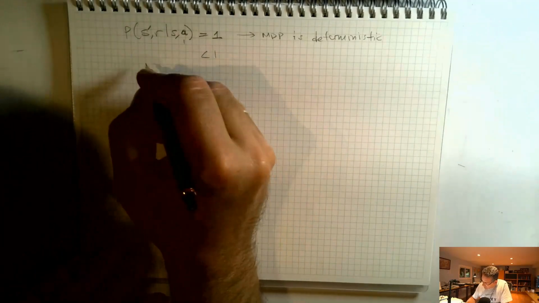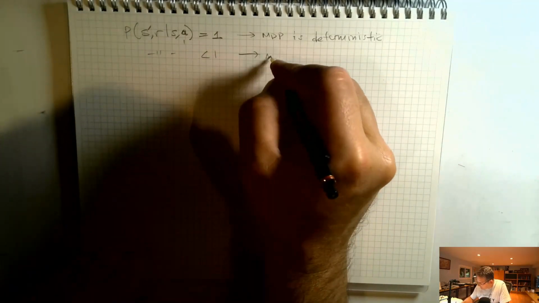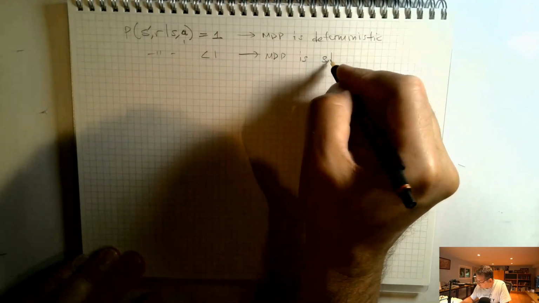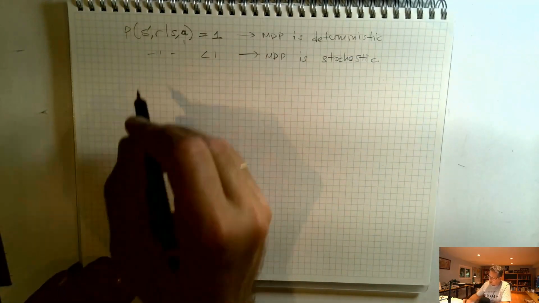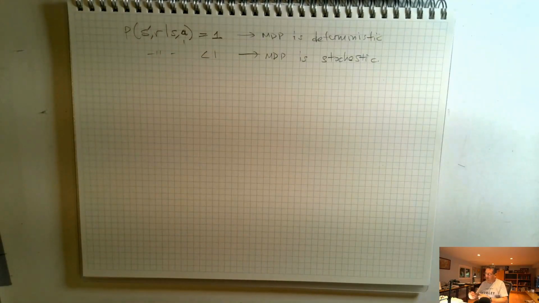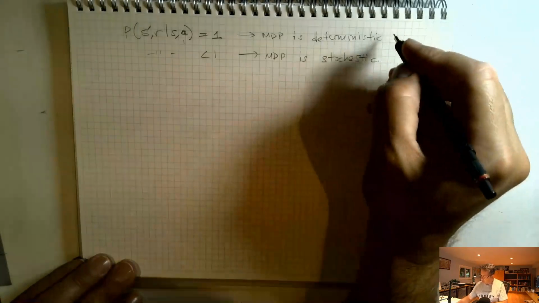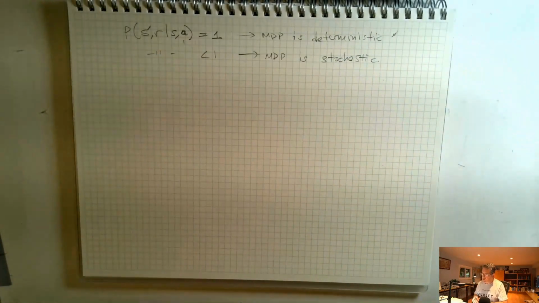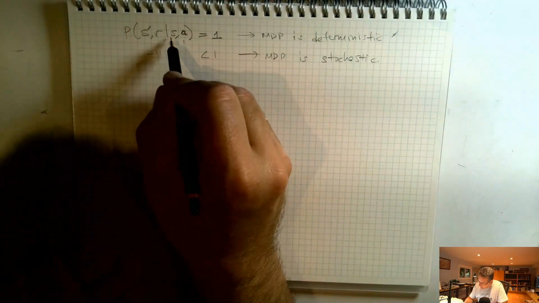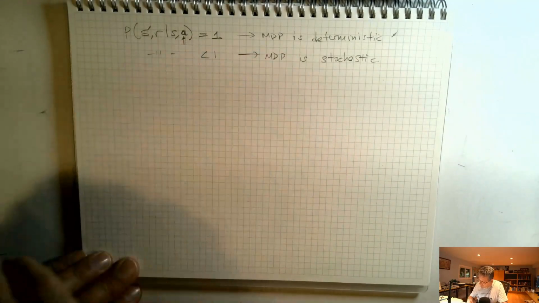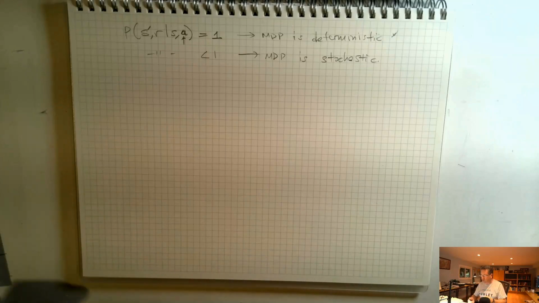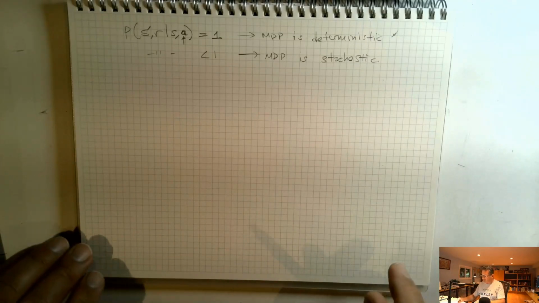And if it is less than 1, then the MDP is stochastic, which means that we have a multiplicity of S primes we may end up on, as compared to deterministic, where we have the specific S prime always following S using one of the actions that we have selected, even if this action is itself sampled out of a probability distribution.